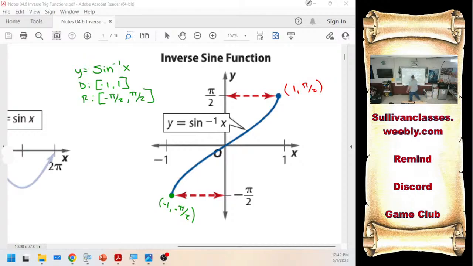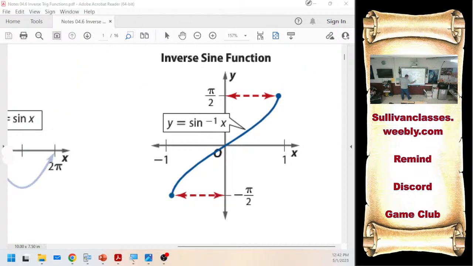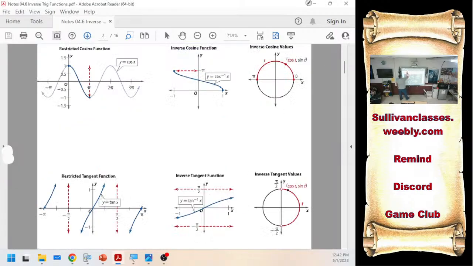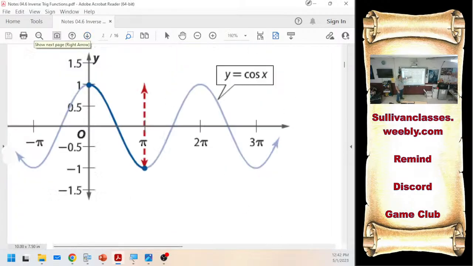So I'm going to do the same thing for cosine. I'm going to restrict it because cosine just keeps going and going, so it wouldn't have an inverse function. So I say, well, the maximum value is 1. The minimum value is -1. They happen at 0 and pi.